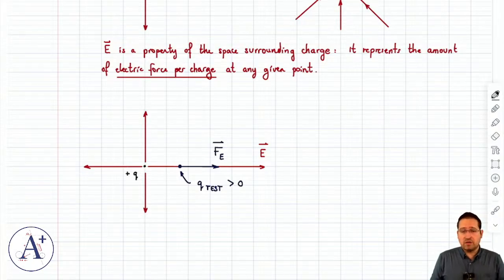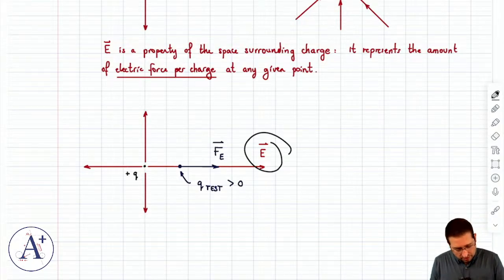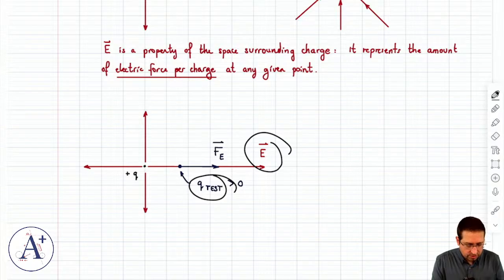And, well, if I know E and I know the amount of charge, then I should be able to find the magnitude of Fe.